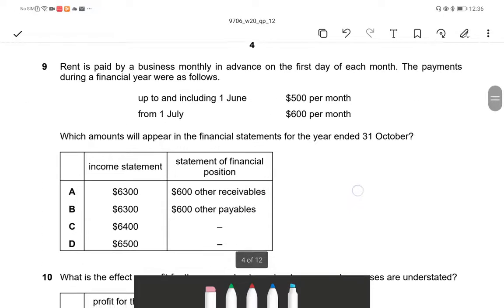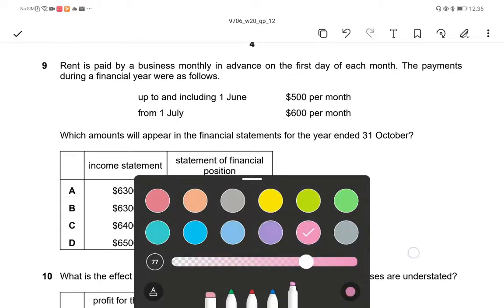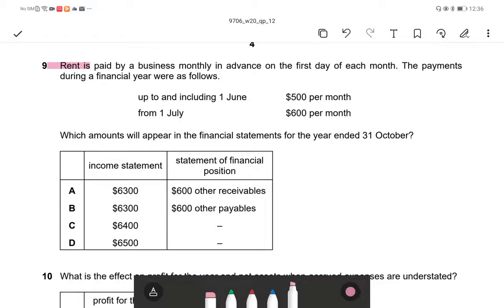Next, question number 9. Rent is paid by a business monthly in advance on the first day of each month. The payments during the financial year were as follows. Up to and including 1st June, they paid 500 per month. From July, they paid 600 per month.